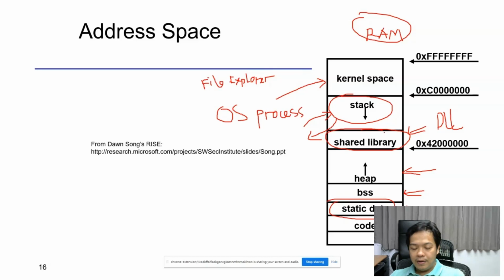In one operating system type like Windows or Linux, they will have a fixed address for the stack. Like a stack may have 2 or 4 megabytes, something. I only give an example.